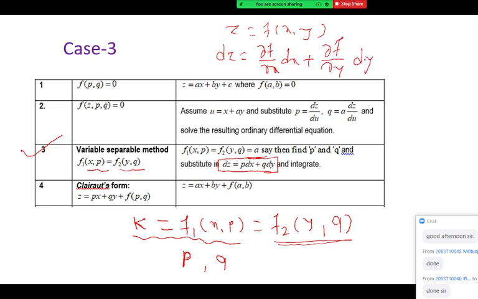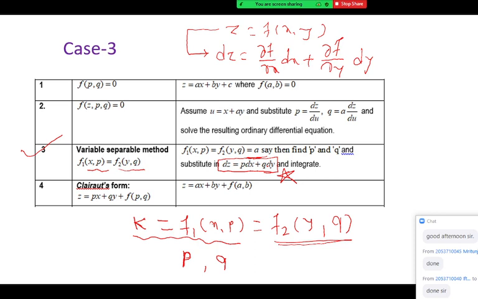That's the total derivative of z. Here dou z by dou x is p, so dz becomes p dx plus q dy. This is the relation that you also have to remember, and we can use it directly to get the solution. So we'll see the example.